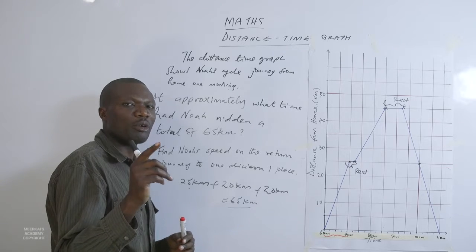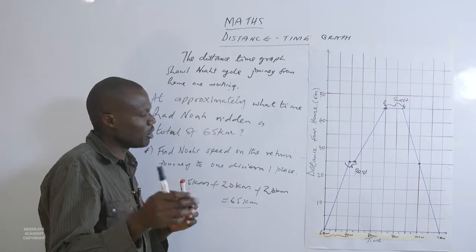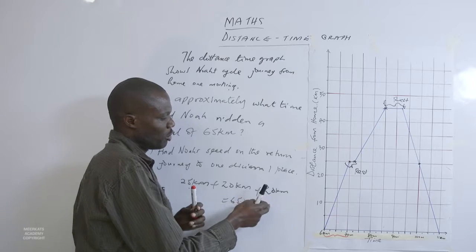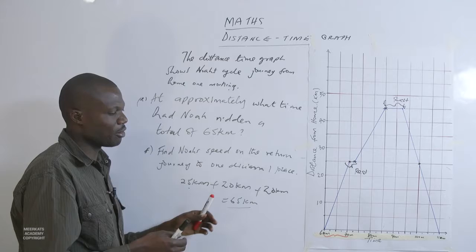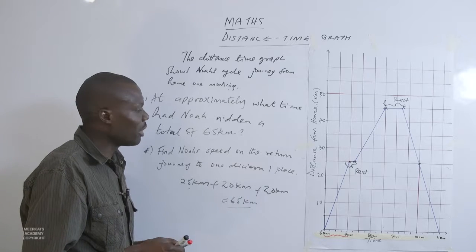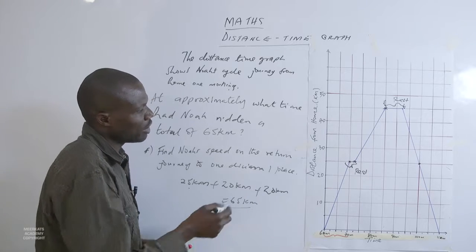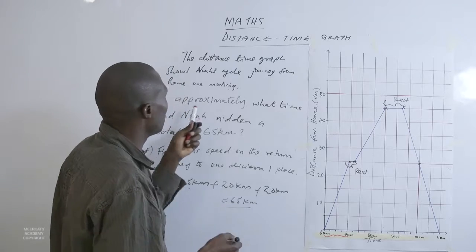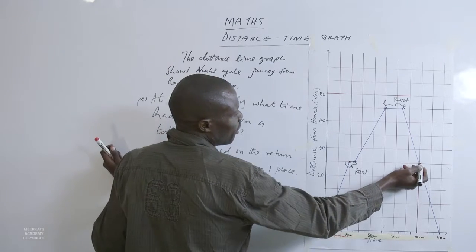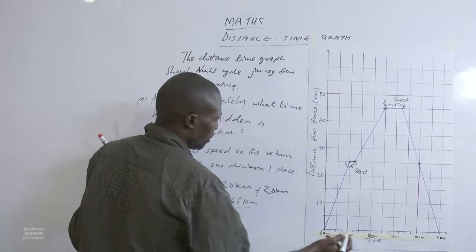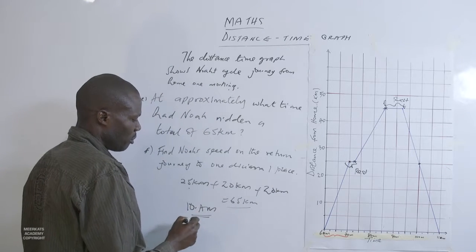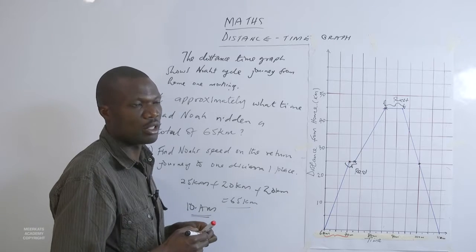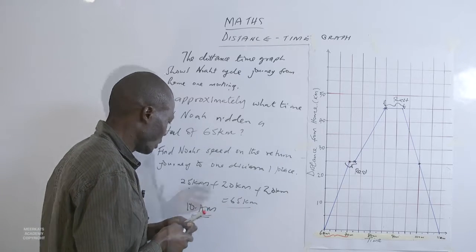Third break, there was no break. There was just a constant move up to the end. But we have looked for only 20 kilometers so that we can fill up the remaining to 65. Therefore, we shall say at what time will Noah have covered 65 kilometers? We look at this point and we say by 10 a.m. Noah will be through with 65 kilometers.